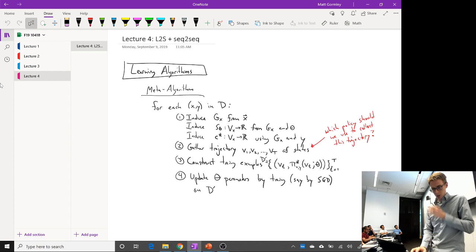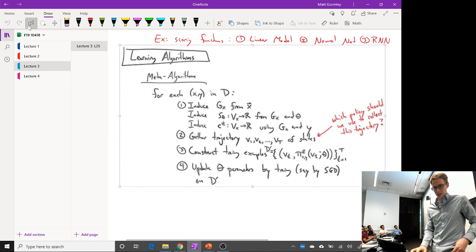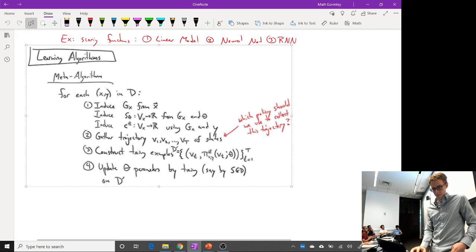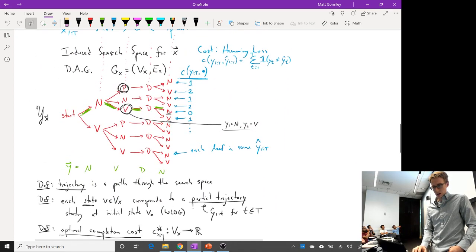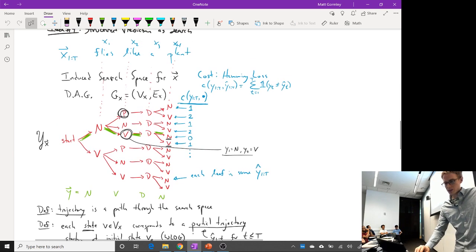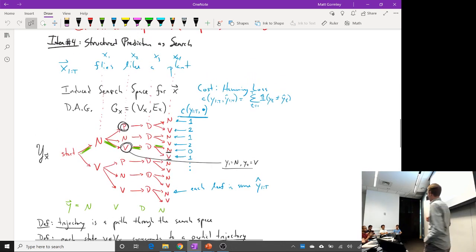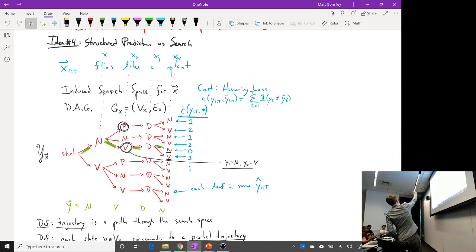Okay, so before we even jump in here, let's look back at what we were doing last time. You'll remember that we had this picture of a search space for part of speech tagging that was specific to the actual input, right? So "flags like a plant" was our input sentence, and we induced this search space, which was a directed acyclic graph, where each state represented a partial tagging of the sentence.